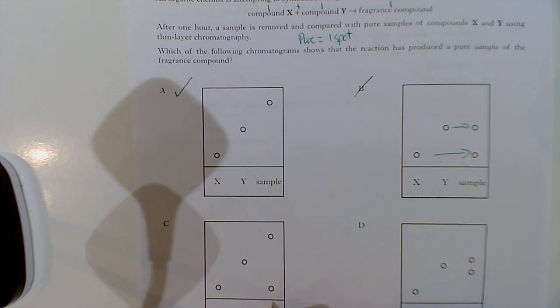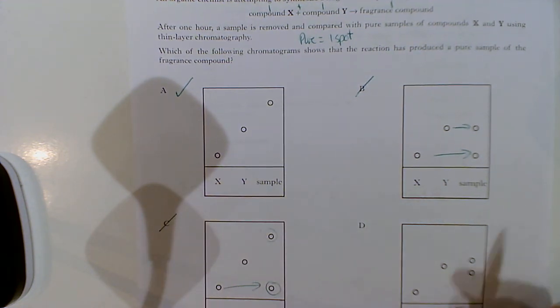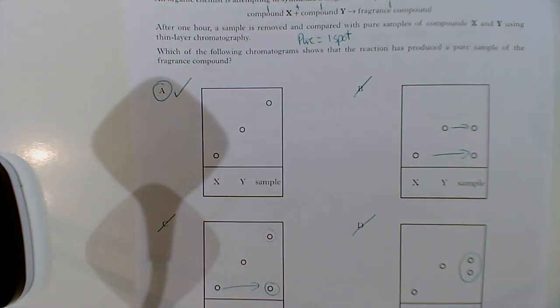This one, we've got something new that's formed, but we've got a second product, so it's not pure, and that matches X. On this one, something's happened. It doesn't match either of the reactants, but it's not pure, so it's not that one. So we were right with the first one. One product that's different from either reactant.